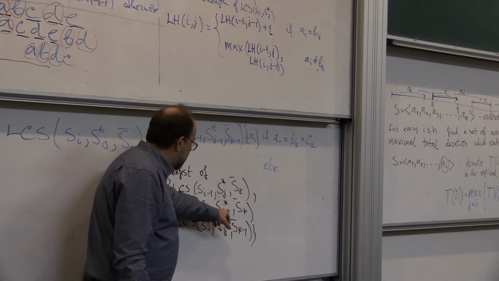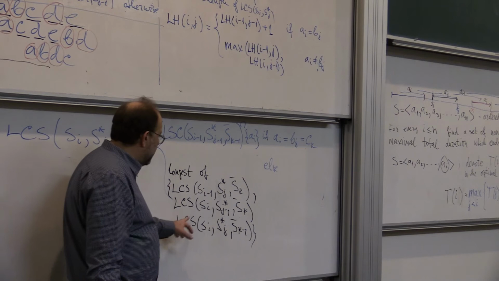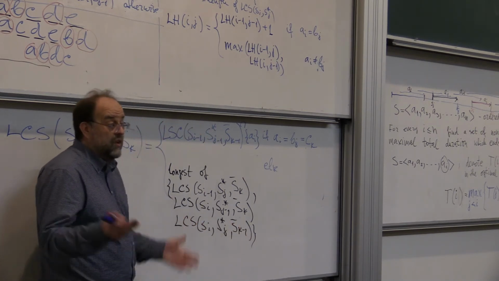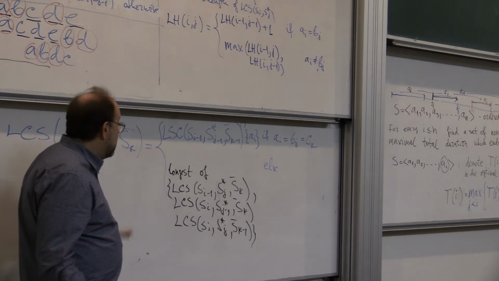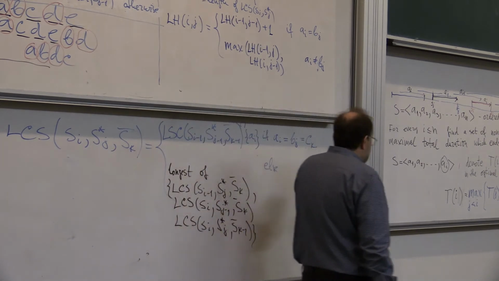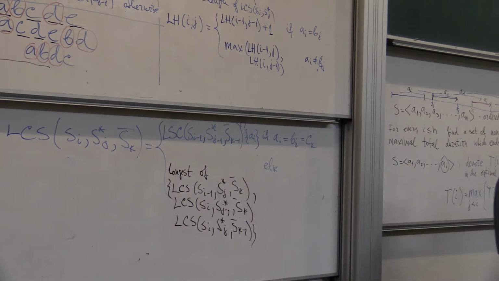Then you peel the last element of the second sequence, and finally the last element of the third sequence. And you take the longest of these. Because they are not all three equal, at least one of the last elements cannot be a member of the longest common subsequence.